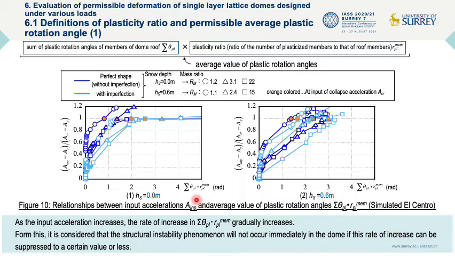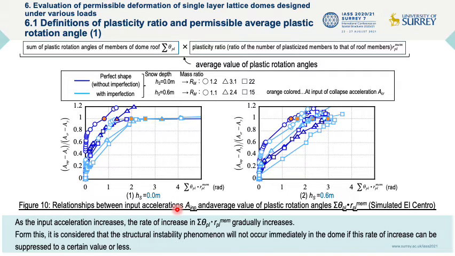In this chapter, we introduce the product of the sum of the plastic rotation angles of the members of the dome roof, sigma theta PL, and the plasticity ratio RPL member. Figures show the relationships between the input accelerations and the average value of the plastic rotation angles.